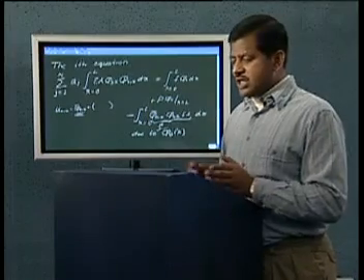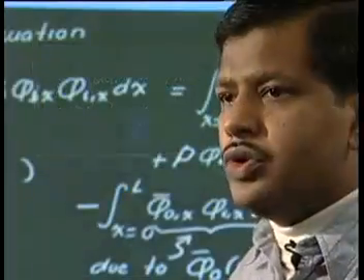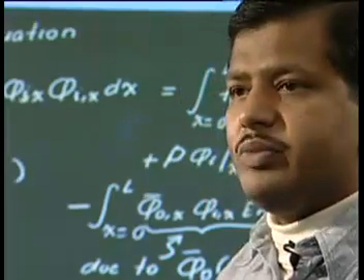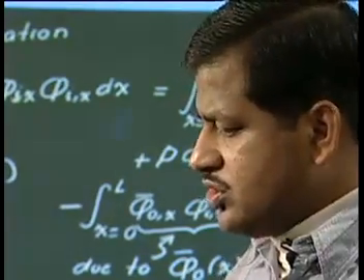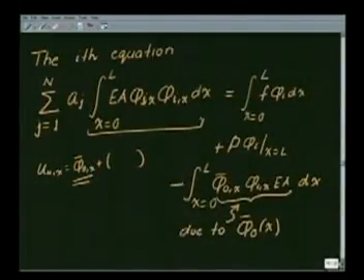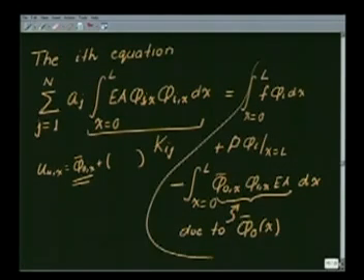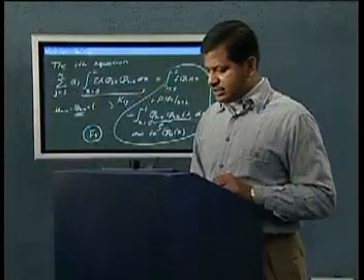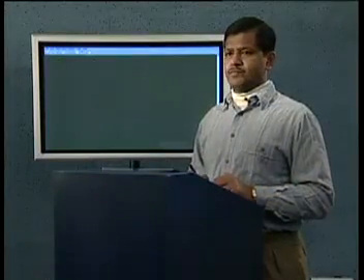This is the additional correction that we have to do to our variational formulation in order to account for this phi 0 bar of x. So now we have the n equations again in terms of the n coefficients. This expression will be nothing but kij, and this whole thing on the right hand side will be our f of i. We go ahead and solve this problem and get the solution, that is the coefficients ai.